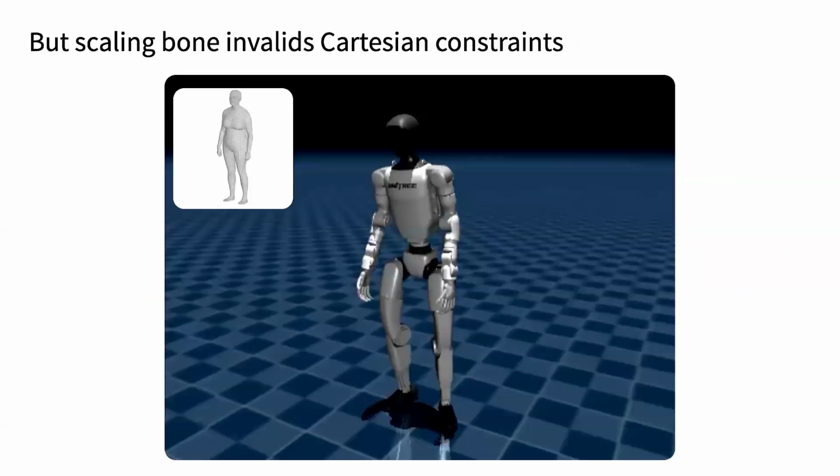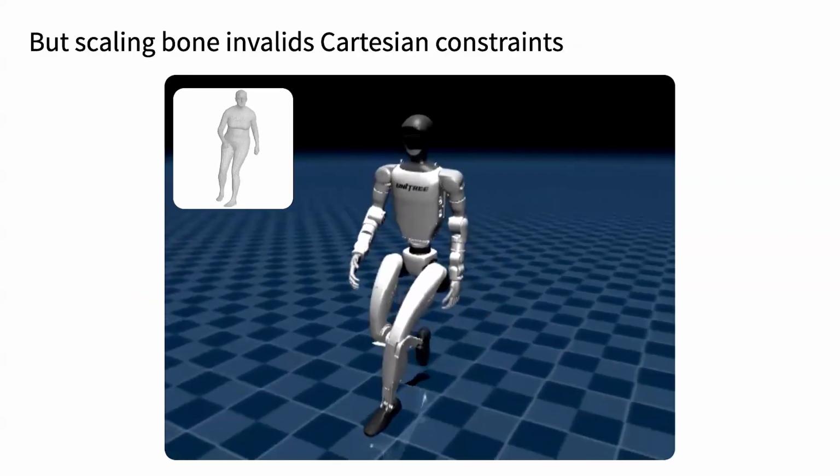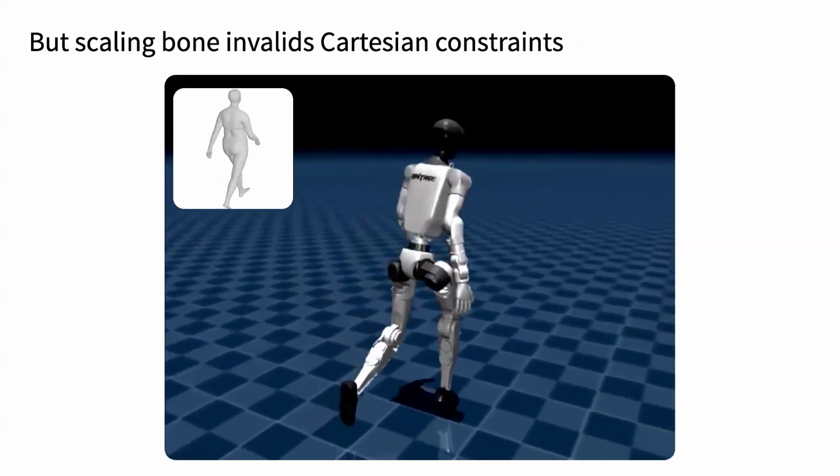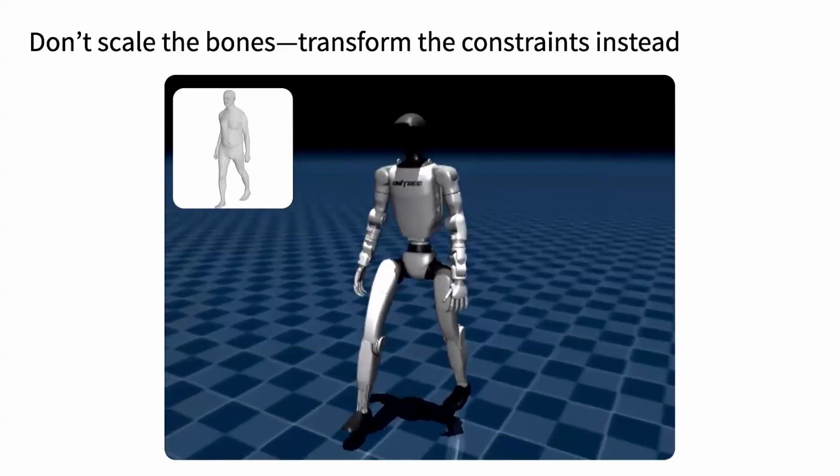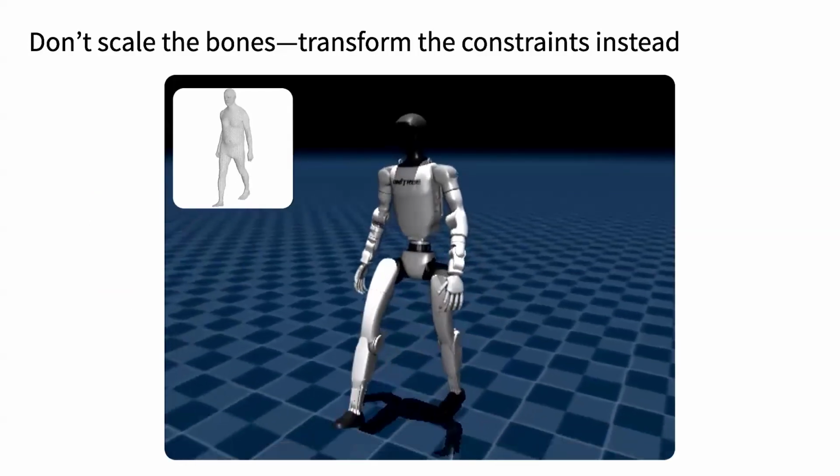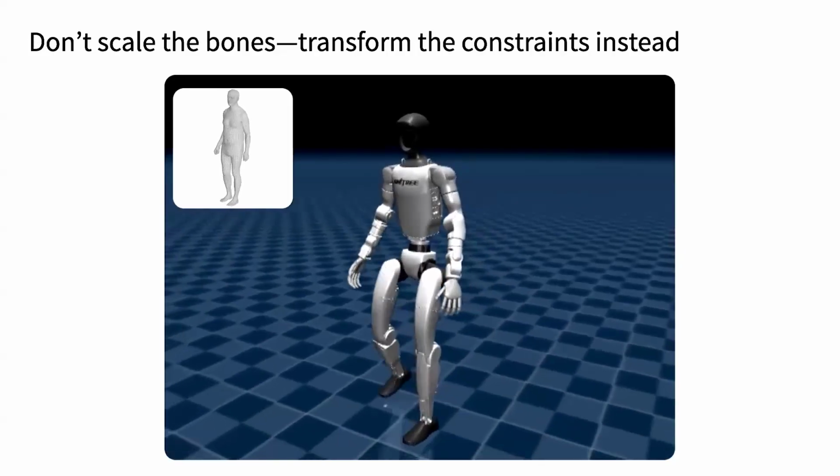Because as soon as you scale the bones, all those invariants in the Cartesian space are not preserved anymore. And if you just directly take those constraints, they're not going to work. The IK is going to force the motion to a constraint that doesn't have that invariance anymore. So the idea is really just not scaling the bone. You should transform the constraint in such a way that the invariance is preserved.